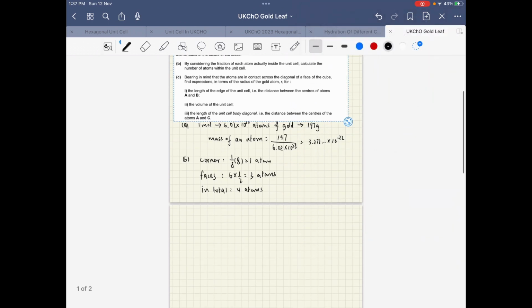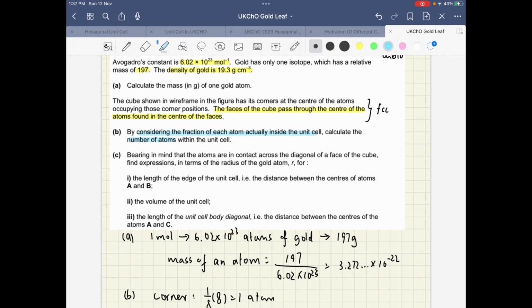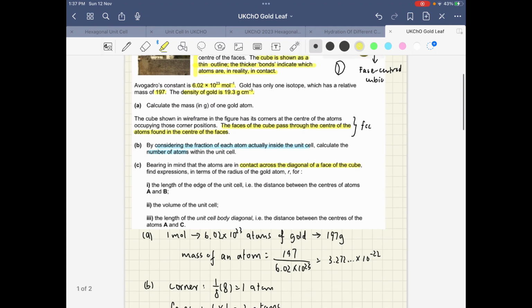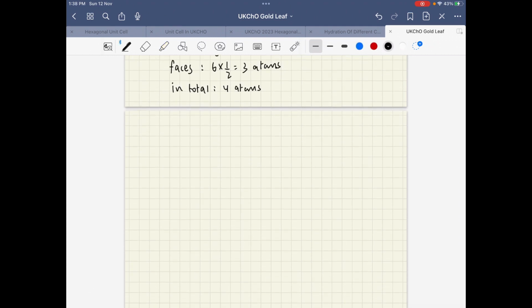And moving on to C. And still, the question reminds you that the atoms are in contact across the diagonal of a face of the cube. So it means that, let's say this is the face of the cube.